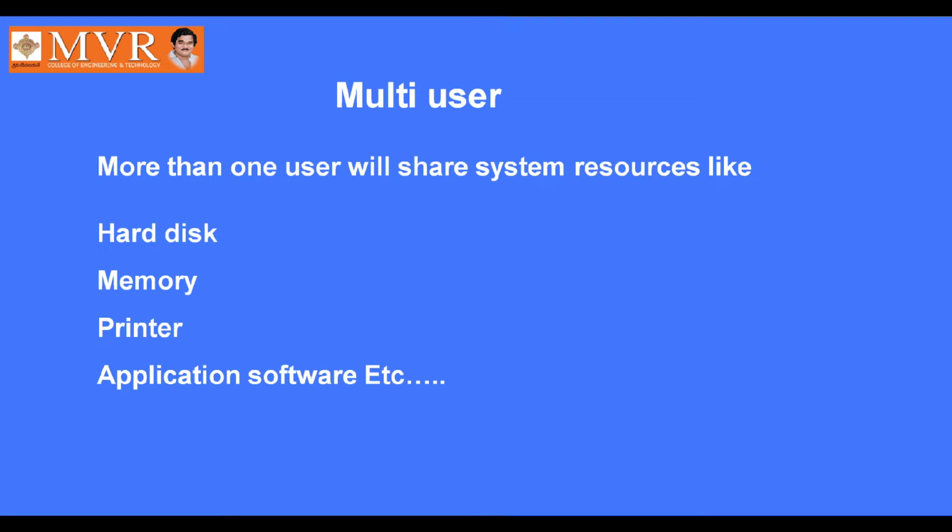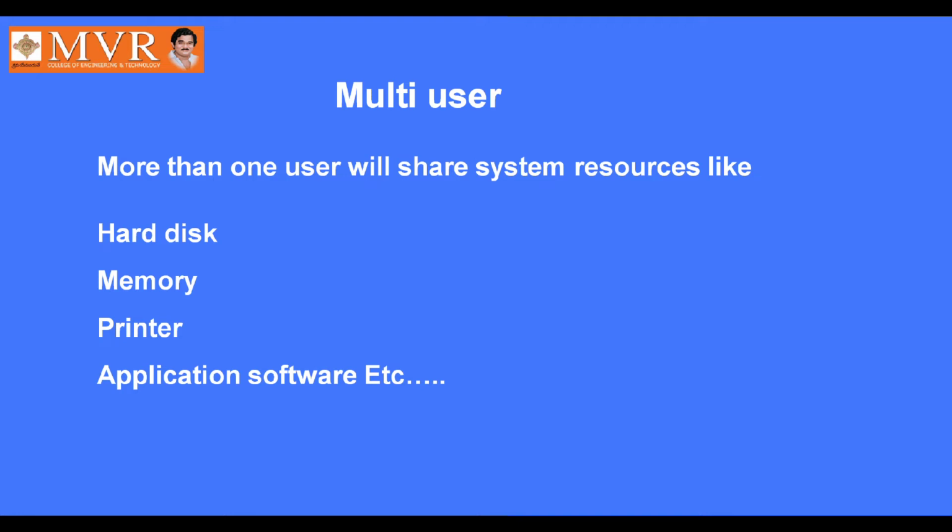These resources can be shared by different users at the same time. If two users are using the same system, the memory can be shared between them. Similarly, a printer can be shared between them, and something like a joystick can be shared between them. These are the multi-user facilities or features, as we can call them.